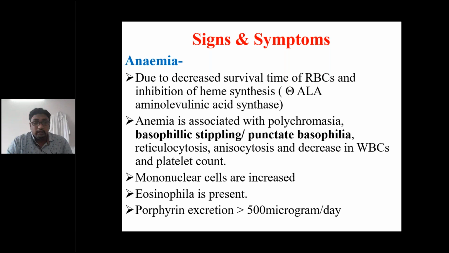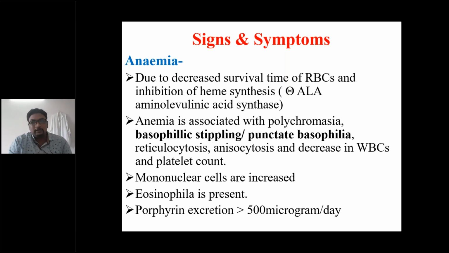Now lead poisoning will inhibit ALA synthase. Very, very important: which enzyme is inhibited in heme synthesis by lead? The answer is ALA synthase. ALA stands for aminolevulinic acid synthase. So ALA synthase is inhibited by lead in chronic poisoning, thereby heme synthesis, hemoglobin synthesis, is inhibited, and thereby RBC survival is decreased.